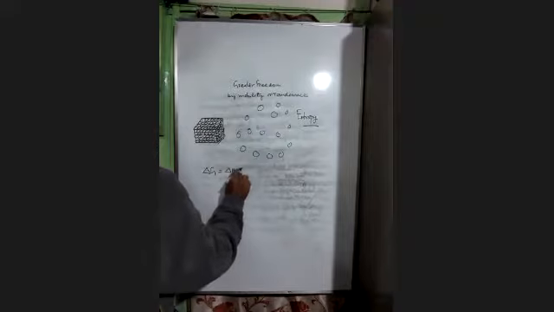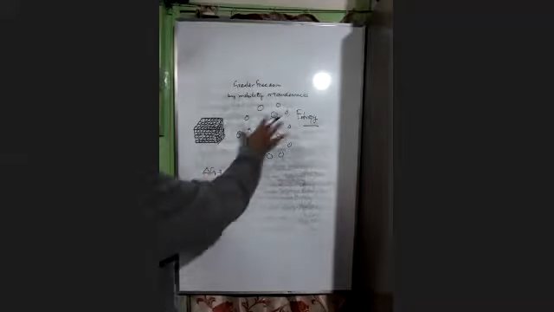See. Now let us come back to our class. Delta G is equal to delta H minus T delta S. See, here it has no freedom. Here it is having freedom. So S1 is less, S2 is more.